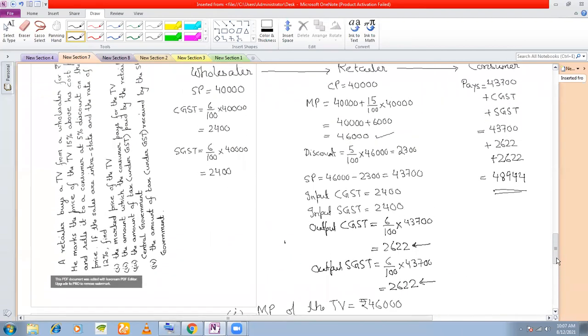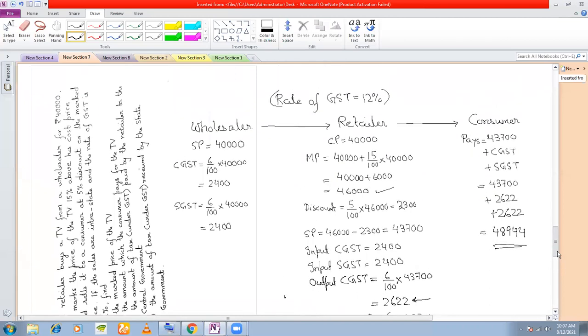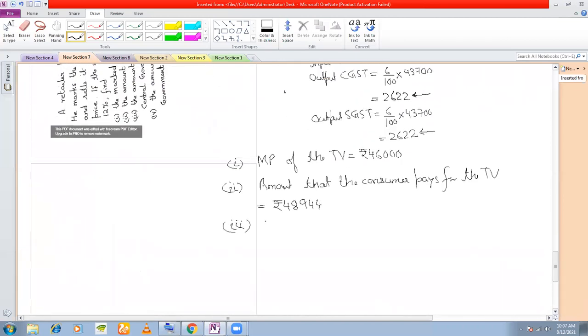The amount of tax under GST paid by the retailer to the central government. Amount of tax under GST that the retailer pays to the central government, not the state government, central government.